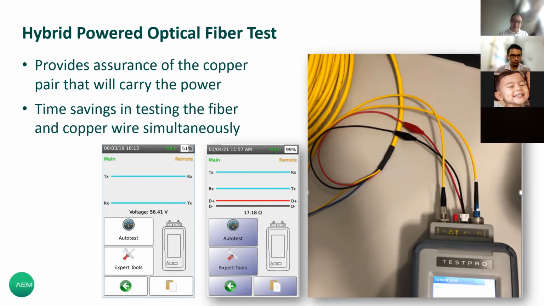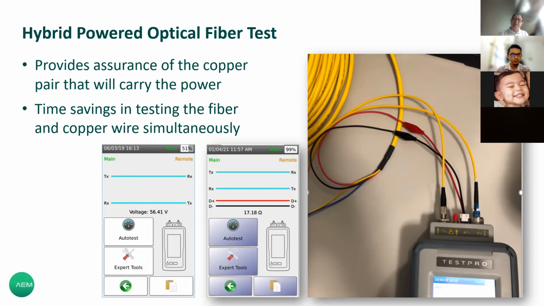Let me give you a practical example that one client is currently using. They are in the mining industry. In mining, there are a lot of tunnels, and in the tunnel they connect a few cameras for safety purposes.